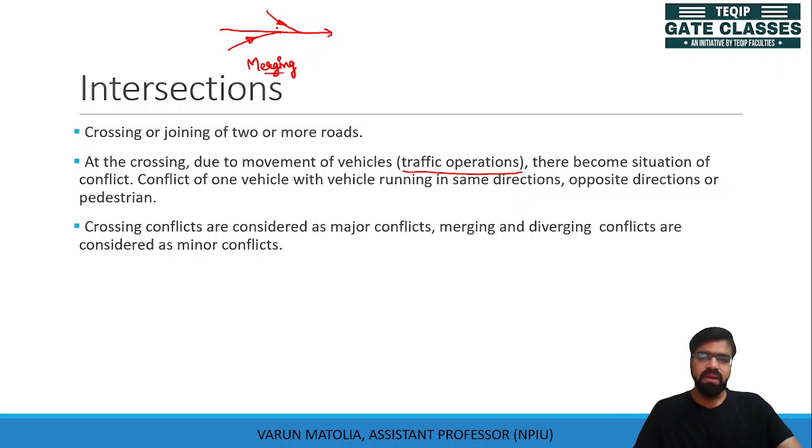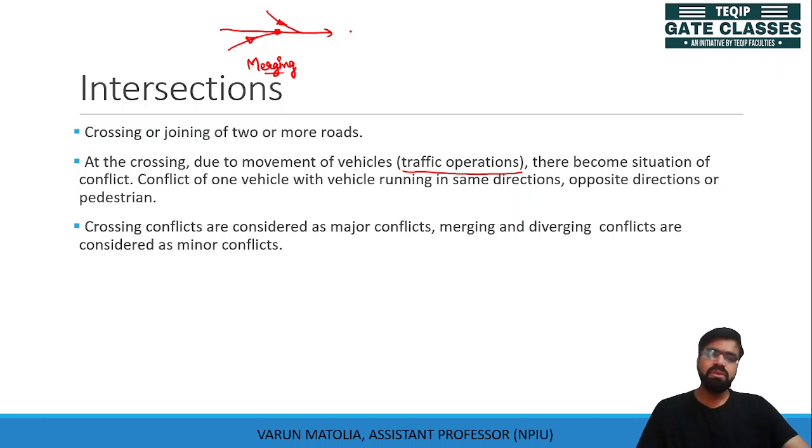While we merge into one traffic stream, there is a possibility of conflict between the coming traffic and the traffic which is already in the straight stream. So this is one possibility of conflict, but it is minor as the movement is tangential.